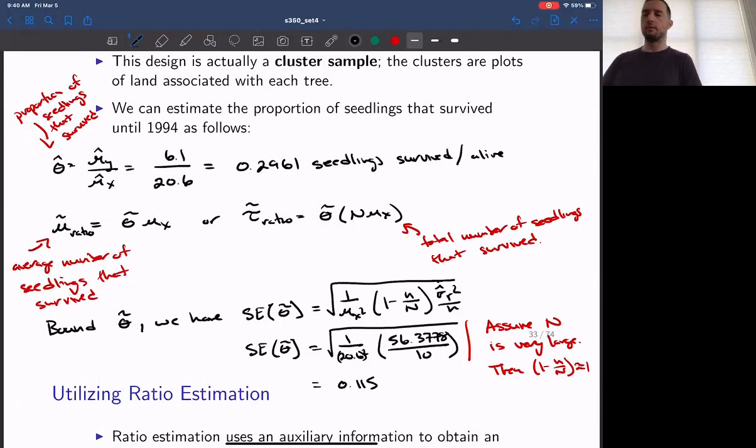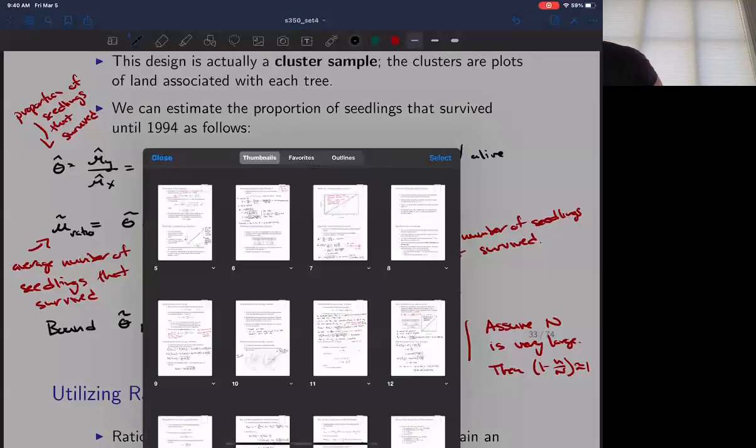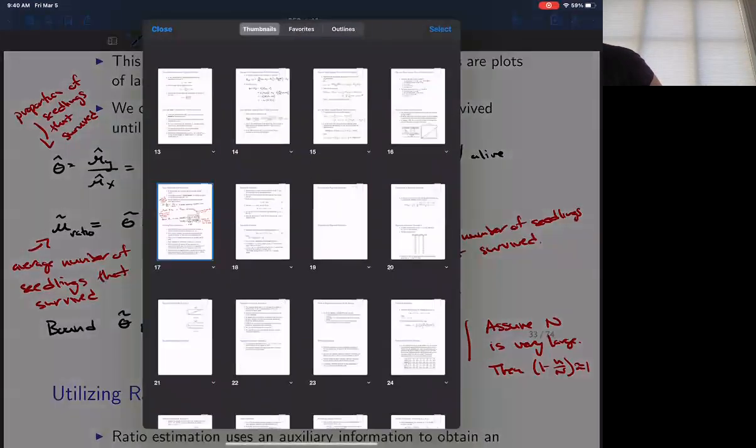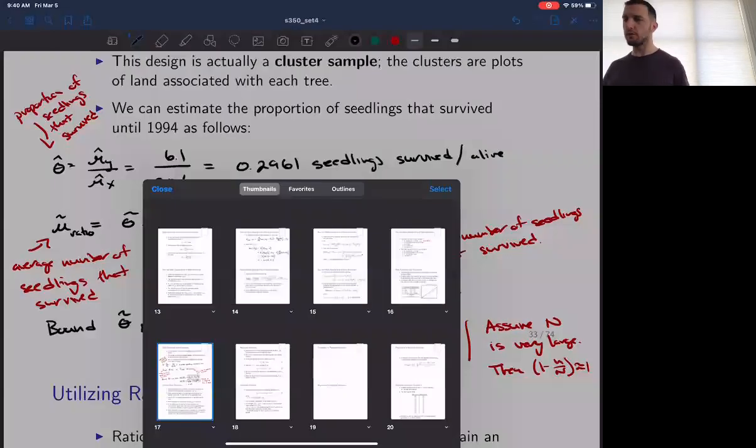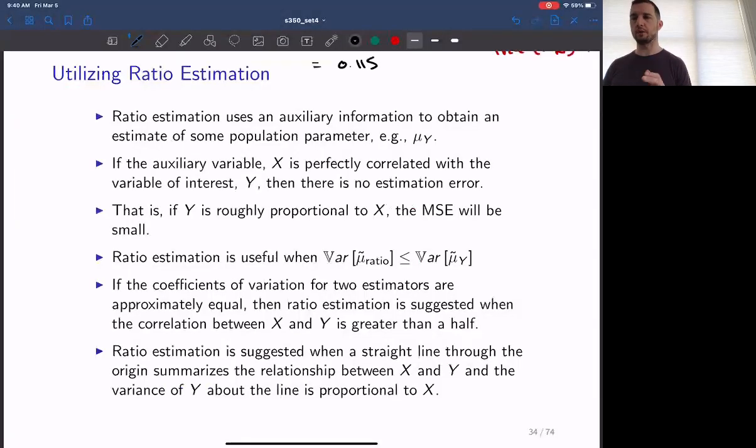Okay. So what I would like to do then is with the remaining 10 minutes, okay, so first off, I'll just quickly wrap up or make some concluding remarks about the ratio estimation approach. And then what I would like to do is start the regression estimation section.